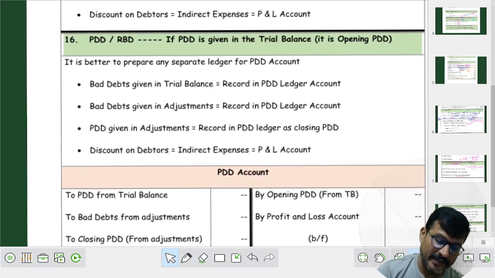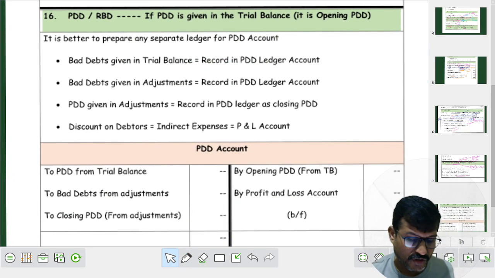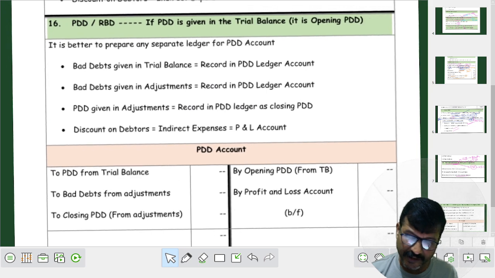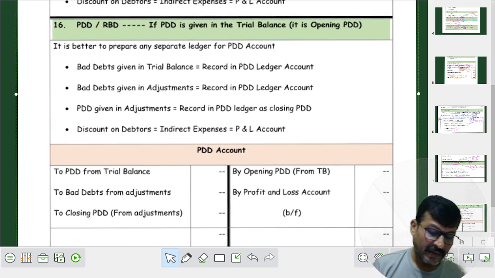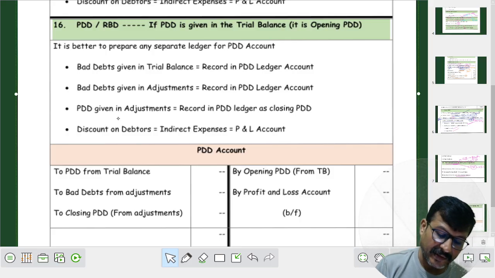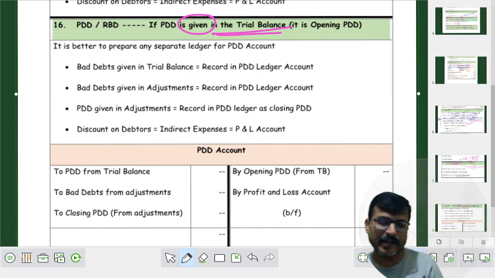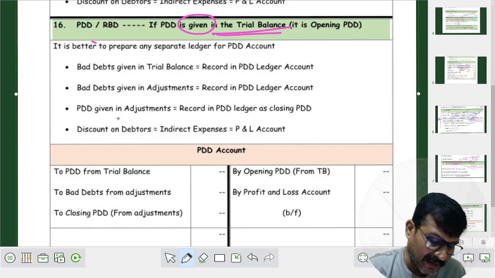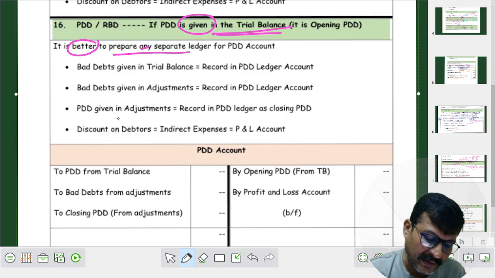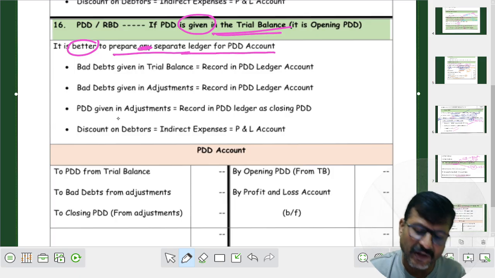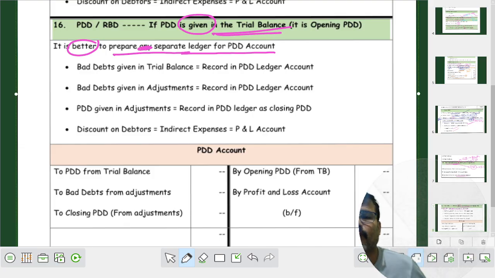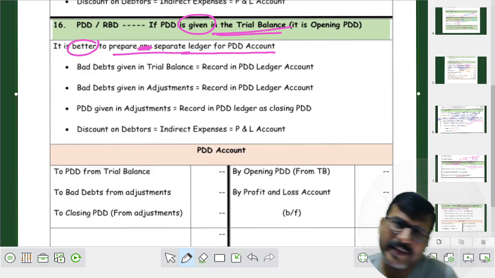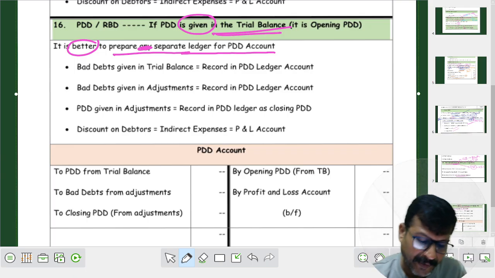Now the question arises. What question is it? See here. If PDD or RBD is given in the trial balance, what to do? It is better to prepare a separate ledger for PDD account.